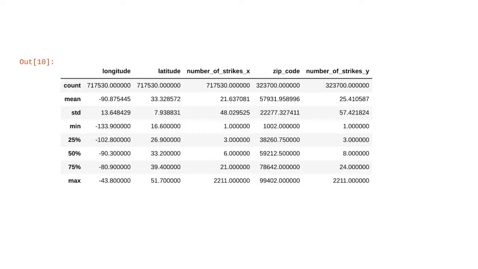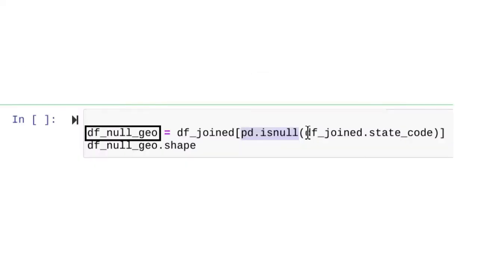We can find the total amount of data that's missing using this next piece of code. We'll create a data frame called df_null_geo by taking our joined data frame, df_joined, and then adding the pandas function isnull, all one word. The term null indicates that the data is missing. This function pulls all of the missing values from the df_joined data frame.